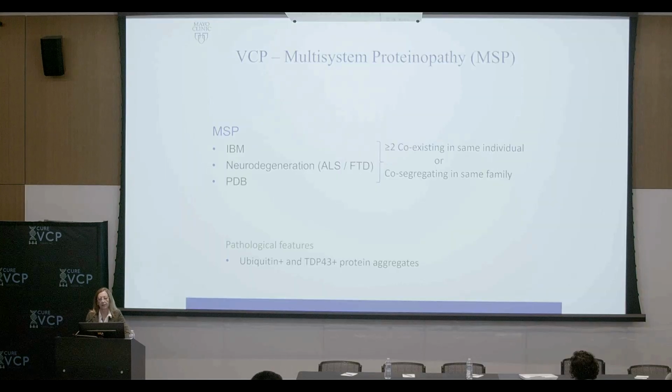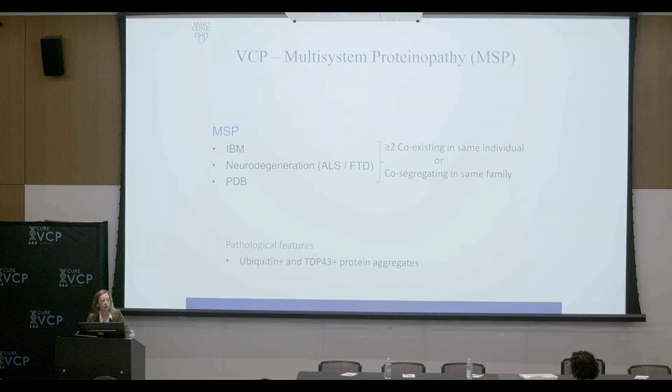So considering that VCP is a protein so ubiquitous with a broad range of cellular functions, it is not surprising to see that mutations in VCP may lead to such a pleiotropic disorder.